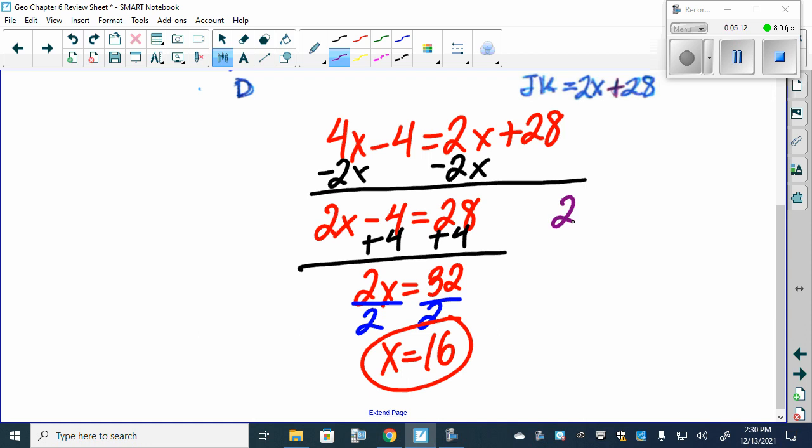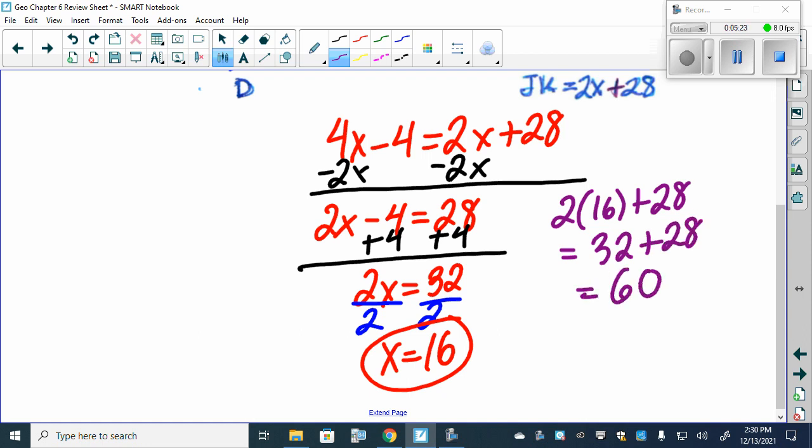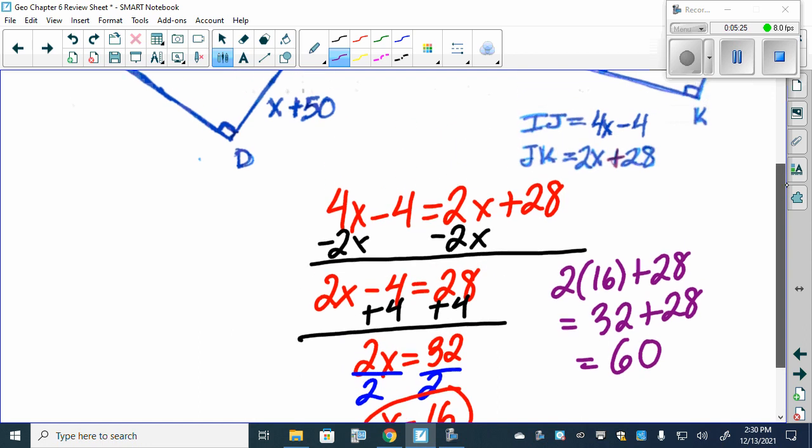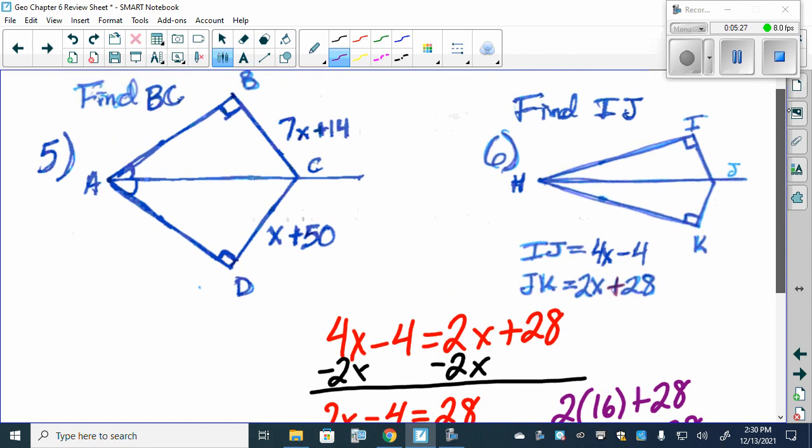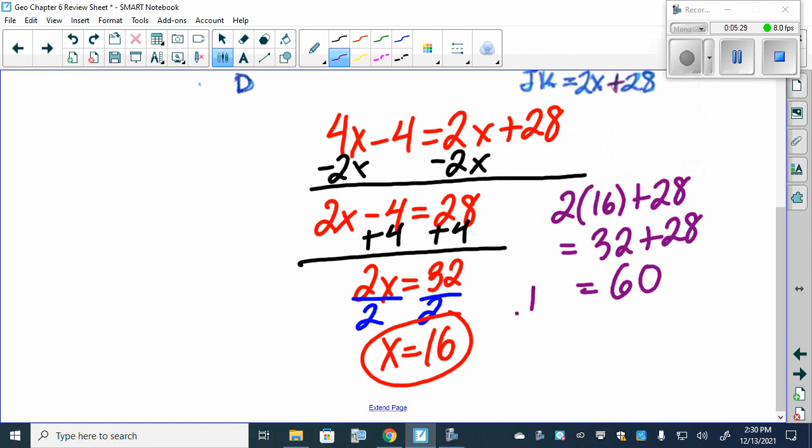Now, when we plug it back in, we could say 2 times 16 plus 28. Well, 2 times 16 is 32, and 32 plus 28 is 60. So the length of, I think I wanted ij, is 60.